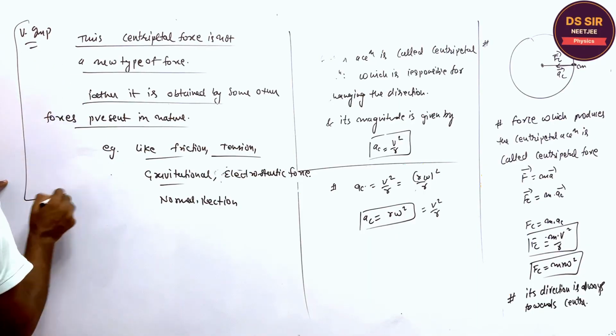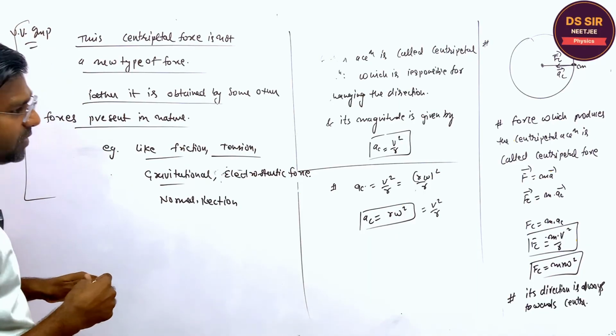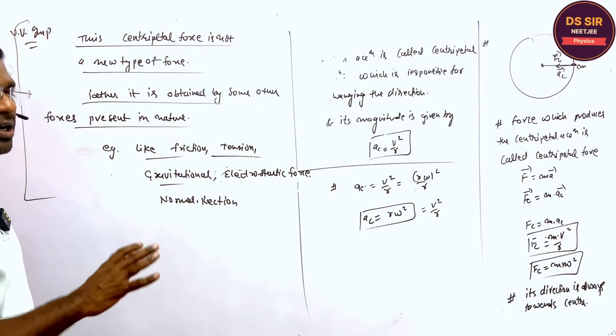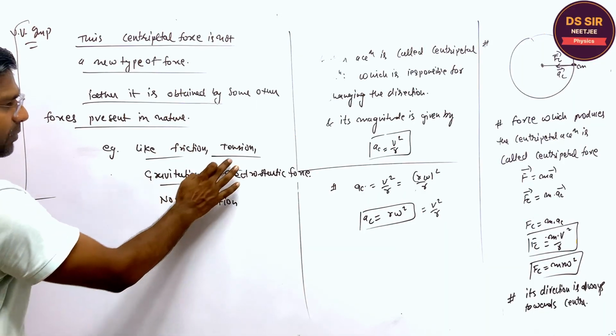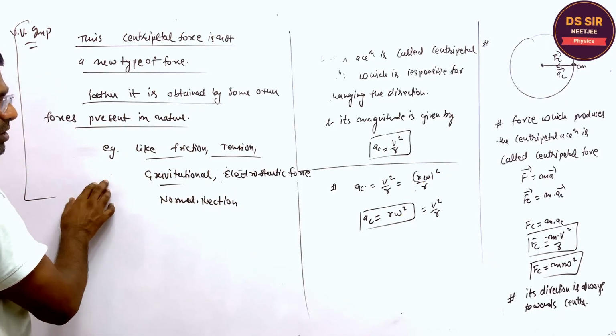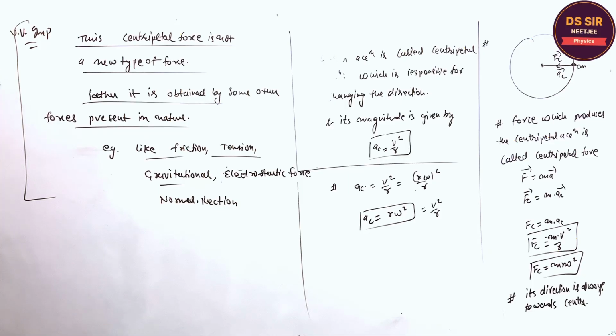This is a very important point which students, and even some teachers, don't understand. Few teachers only, but there may be confusion. So when I explain with an illustration, you will understand the importance of this statement, right? Copy this.